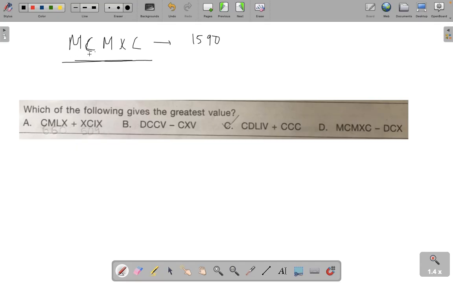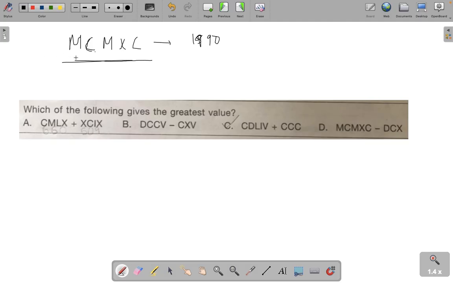This is MCMXC. So how did you get 1590 for this? Sir, MCM, so M minus C. 1990, sir. Yeah, 1990.